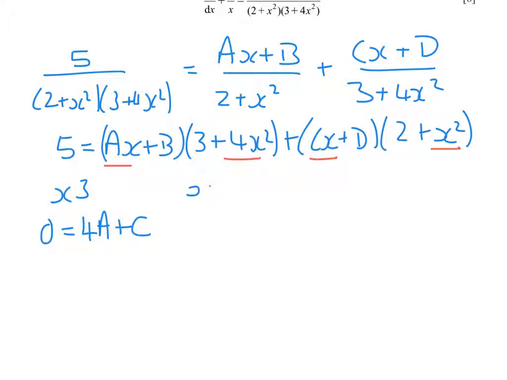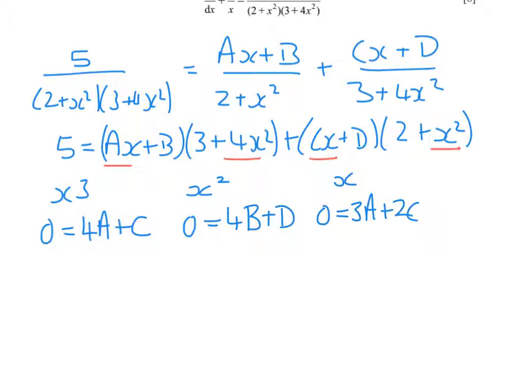If we then think about the x squareds, on the left hand side 0, and on the right it will be 4x squared times b, so that is 4b, and d times x squared. If we then think about the x's, they're going to be 0 as well, and they'll come from the 3a and the 2c. And then if we think about the constant, 5 has to be 3b plus 2d.